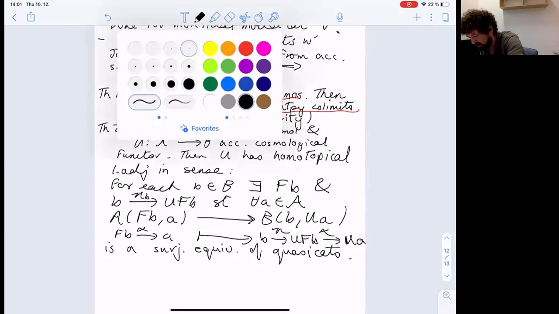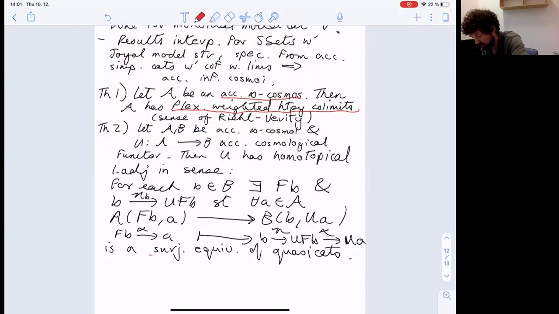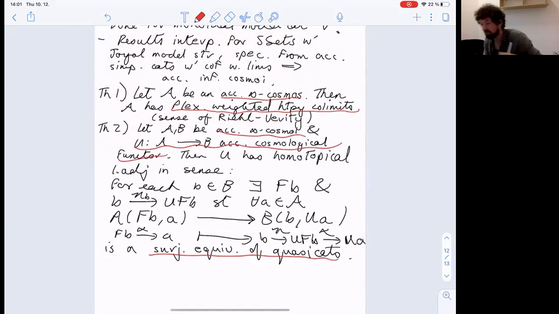We have this notion of shrinking morphism actually, which, okay. Okay, and so this is our main adjoint functor theorem. And yeah, so those are the main results.